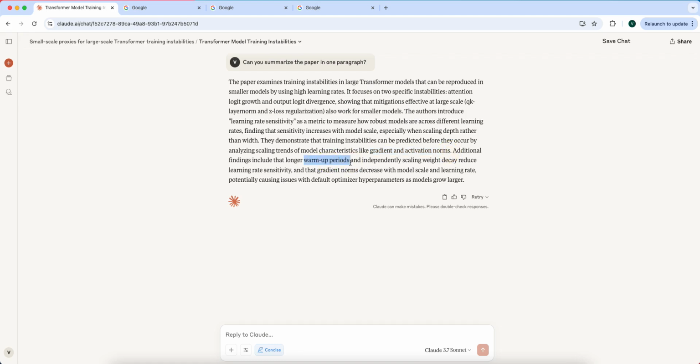Warm-up periods, I haven't coded a scheduler, but I've been looking at cosine annealing schedulers, so that's familiar. Weight decay, I'm familiar. Gradient norms again, and yeah, so cool.